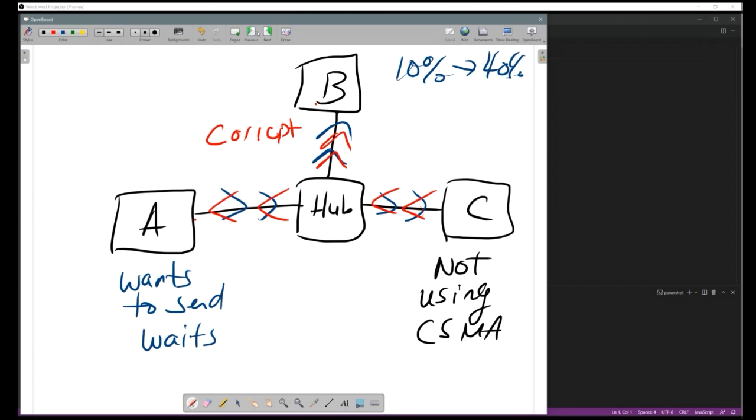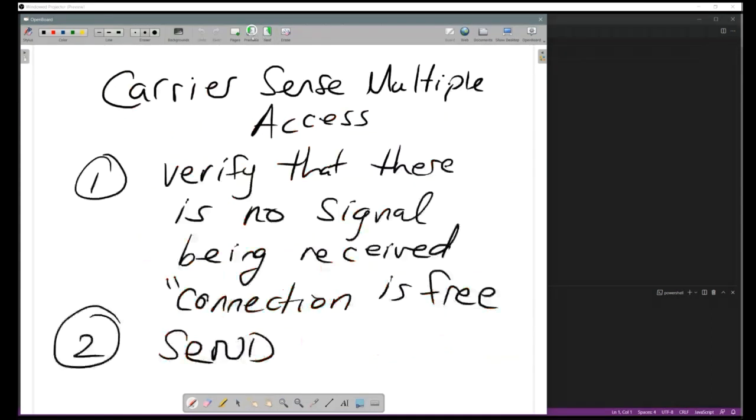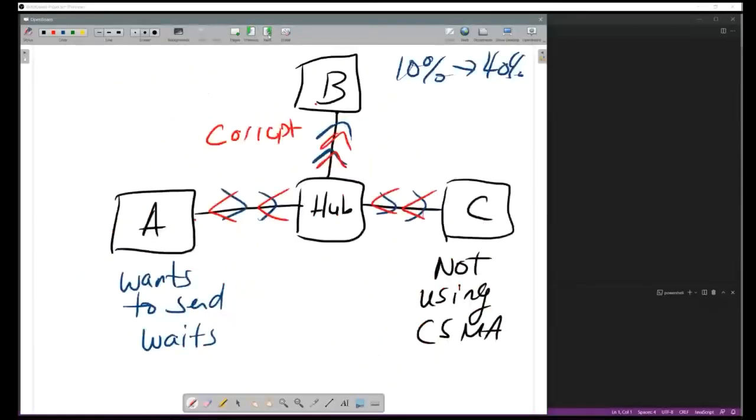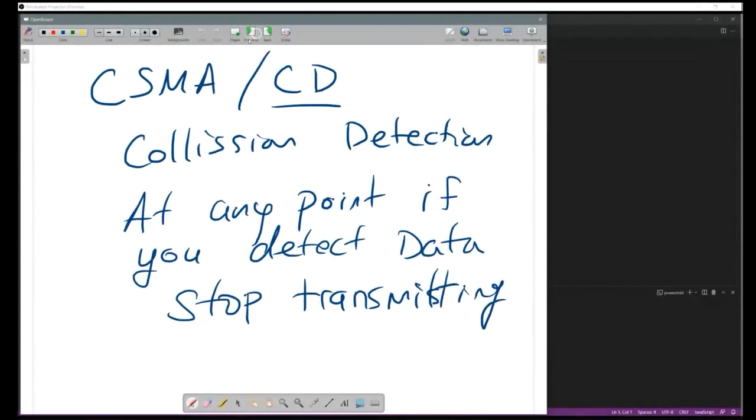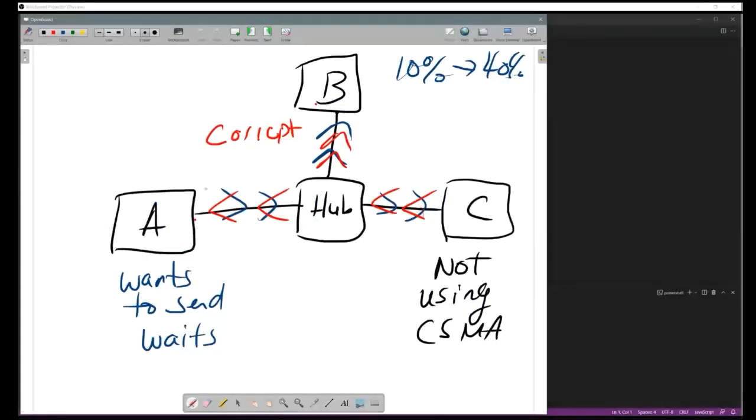Now, what's the difference between this and previous? Previously, A was still transmitting when C started transmitting because it didn't have the rule to stop transmitting if you detect any data at any point in time. And C itself only sees that none of its data is being received by the receiver, so I guess I'll just send it again.